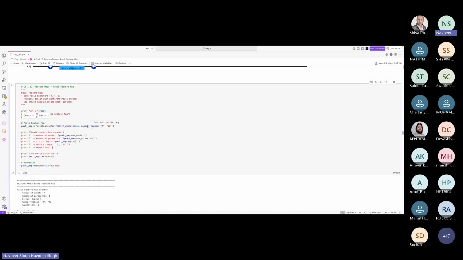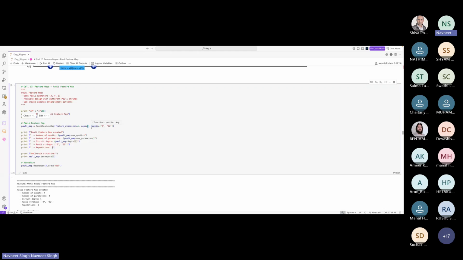The Pauli ZZ feature might include the single-qubit Z terms and two-qubit ZZ terms, depending on the input data. Conceptually, it is similar to the ZZ feature map, but expressed in the more general Pauli framework. By choosing different Pauli strings, you can tailor the feature map to the structure of your problem.